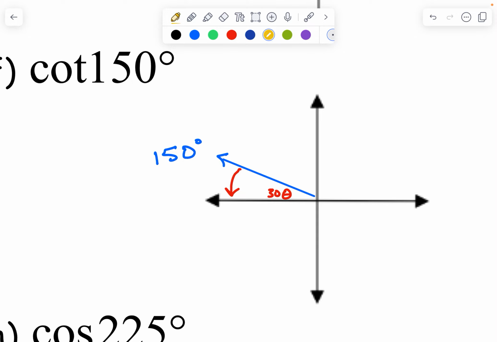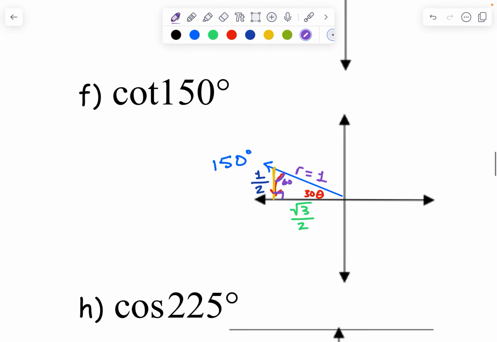So this again forms a 30, 60, 90. If my r is always 1, my short side is half of my hypotenuse, and my medium side is the short side times the square root of 3, I've got my 3 sides again.